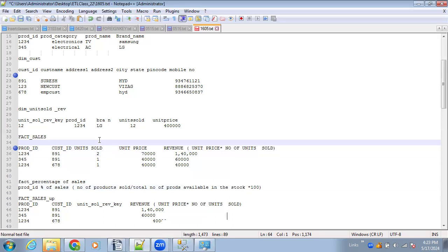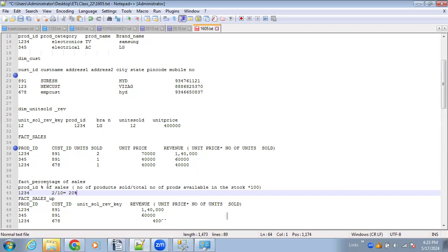Suppose I have 10 TVs, and out of 10 TVs, 2 are sold. Then what is the percentage of sales? Out of 10, 2 is 2 by 10, into 100, which is 20%.